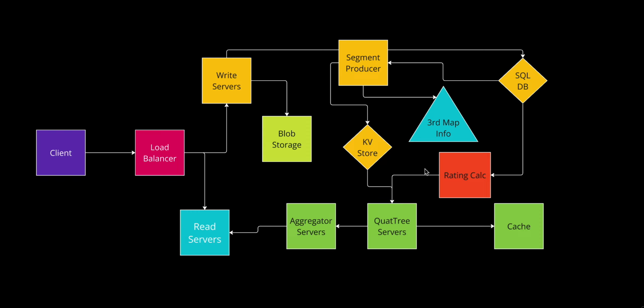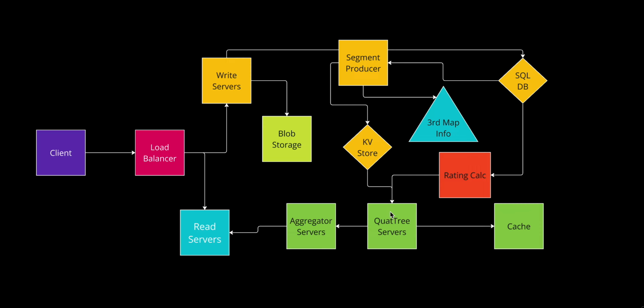And if we want to talk about the aggregator servers, the aggregators collect the results from multiple QuadTree servers, combine them, and return the data before sending it back to the user. The QuadTree servers, for example, return a list of places to the aggregator.